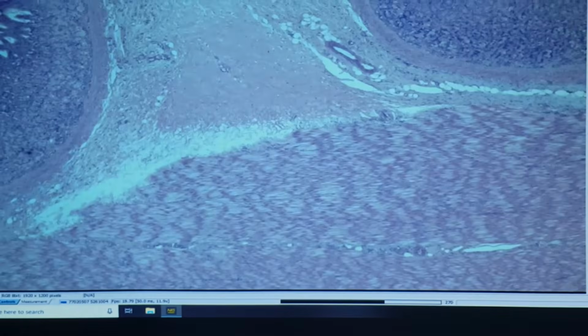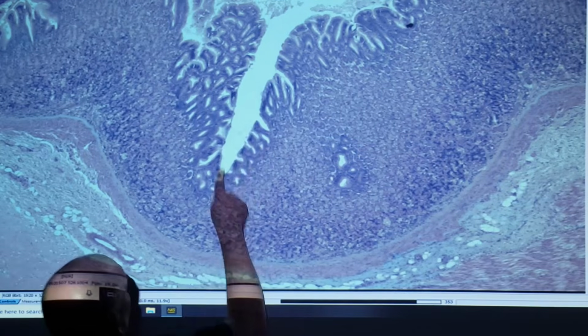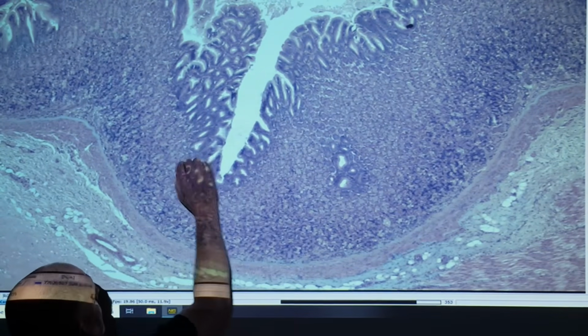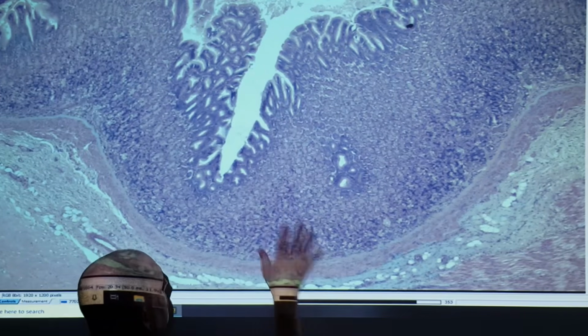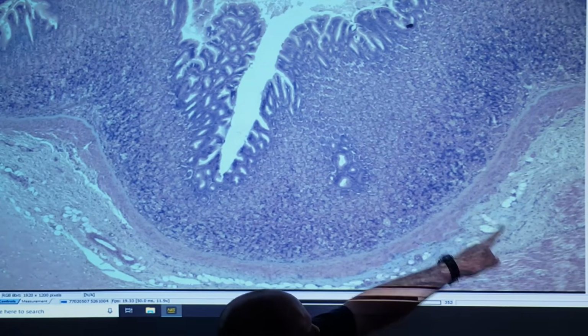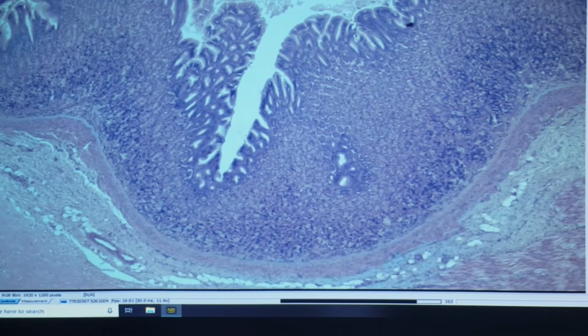If I can get, there's a good spot right here. So notice again right here, a rugus, narrow gastric pits. This is all the mucosa right there. Under the mucosa, right here is the submucosa.